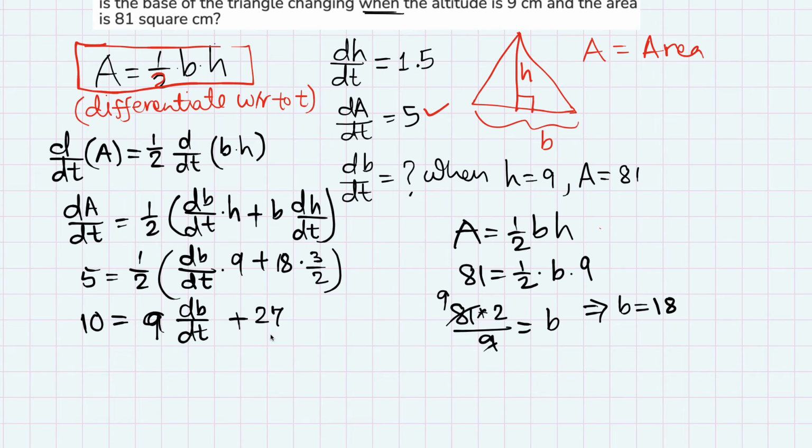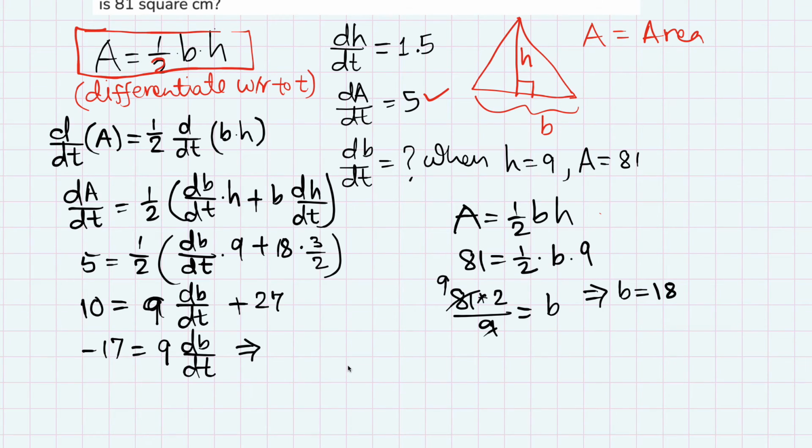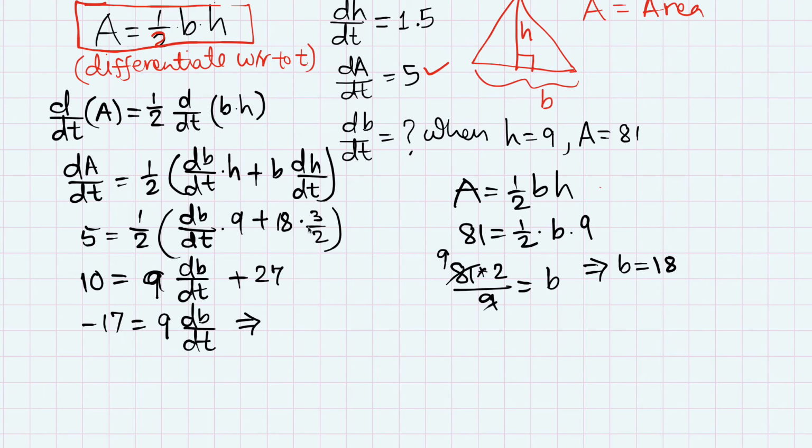Now subtract 27 from both sides, then divide by 9 to isolate this. 10 minus 27 is negative 17 equals 9 dB over dt. Now divide by 9, that gives dB over dt equals negative 17 over 9.